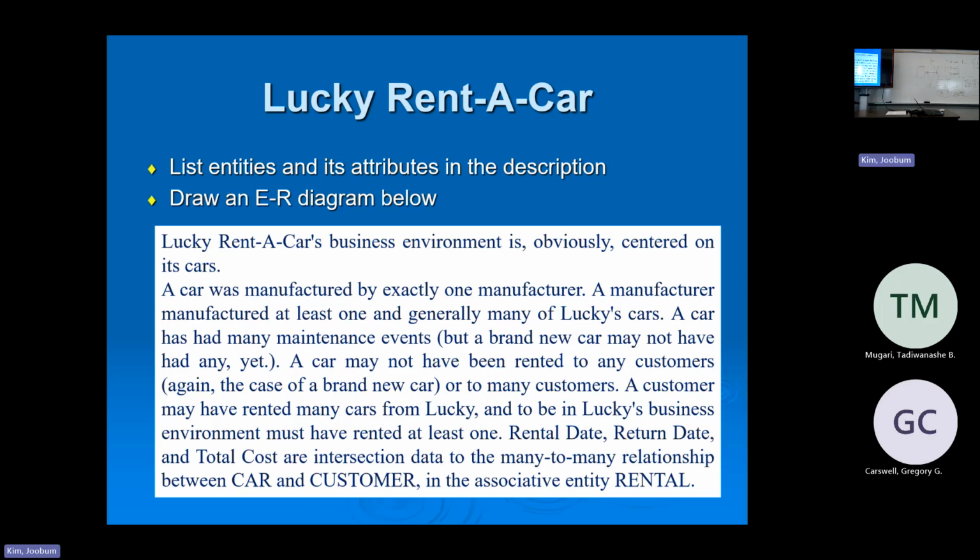Not an answer, just an example. Okay, you can draw like this, and then you can add some more description. Manufacturer makes car. Car is made by the manufacturer. I think this one is better than that one.